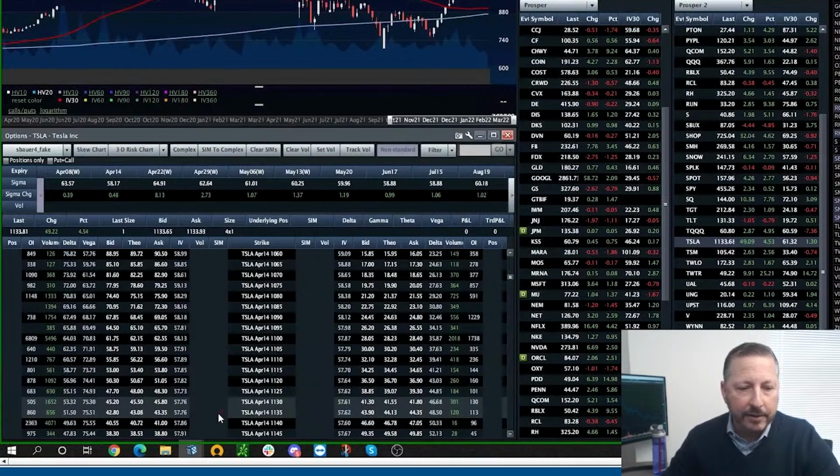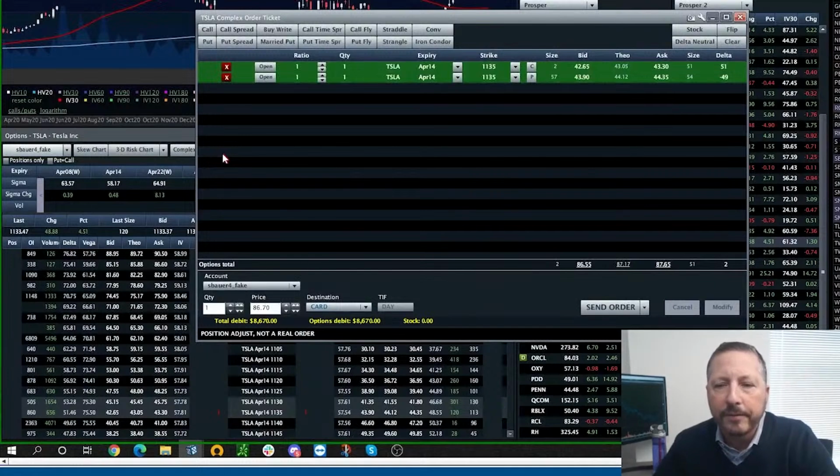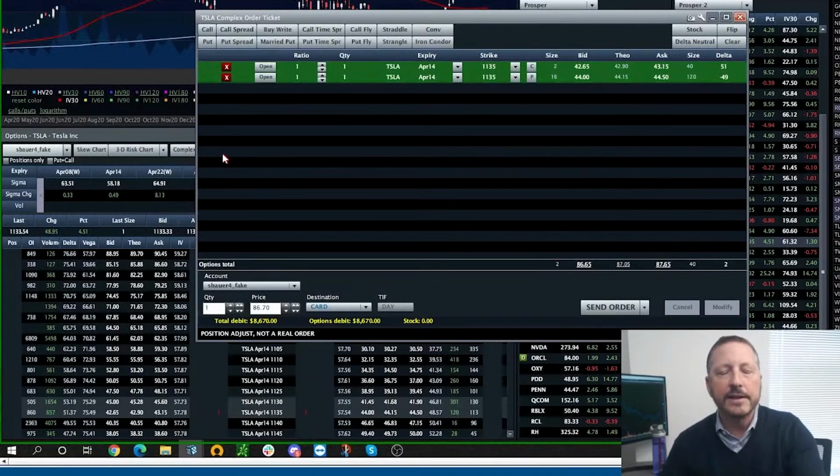If we look at the 1135 call and put option here, we come up with roughly $87. What that tells us is the market is currently pricing in a move in Tesla to this expiration of plus or minus $87.